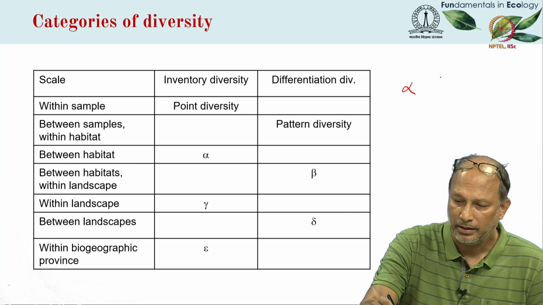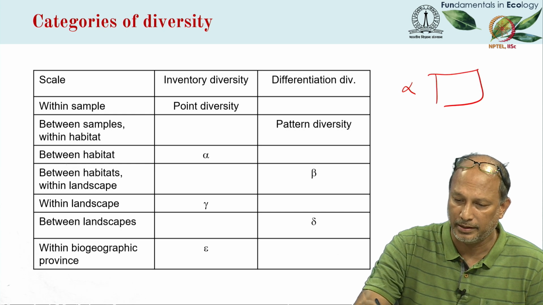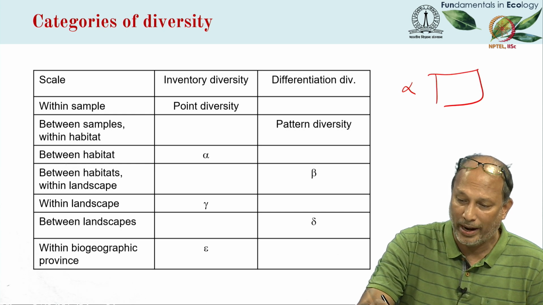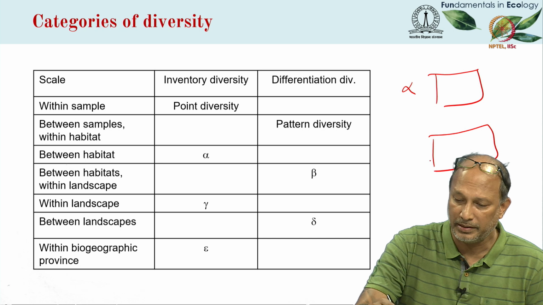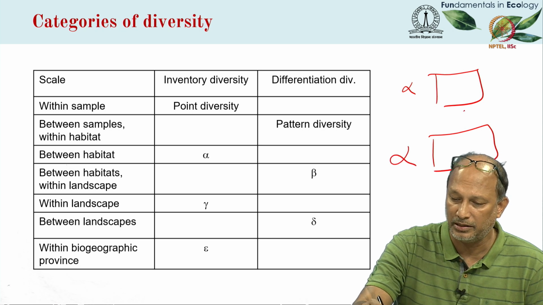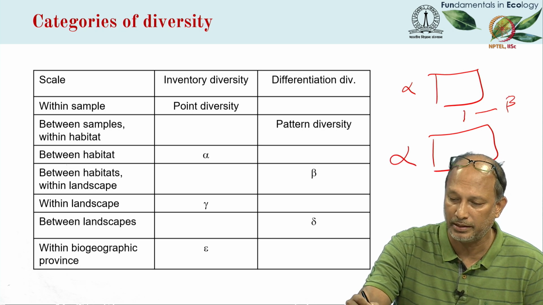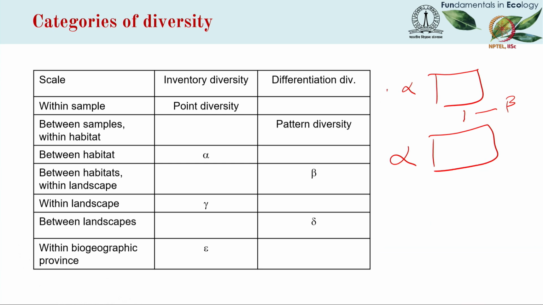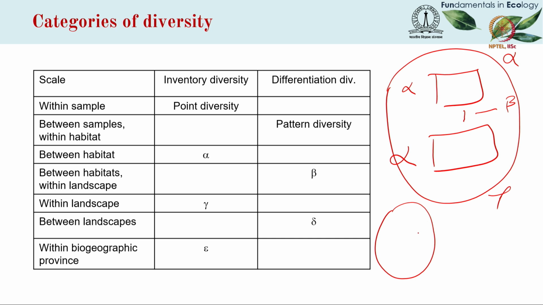unit area, and when we compare another similar unit area, the difference between this becomes beta, and this is overall gamma. Now, I could also designate this as alpha and compare it to some other equally large area and call the difference between these beta.